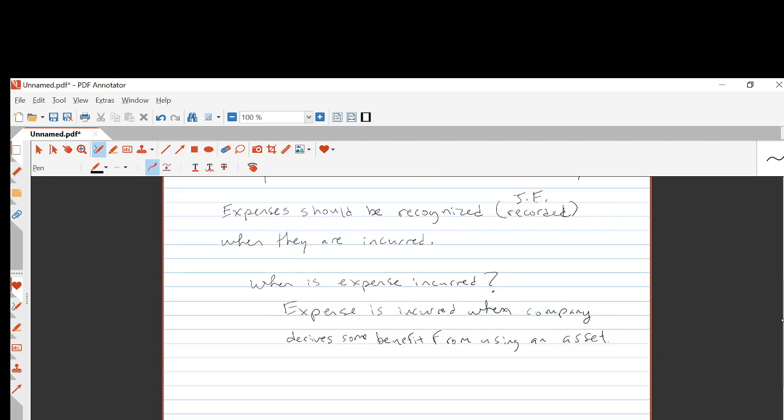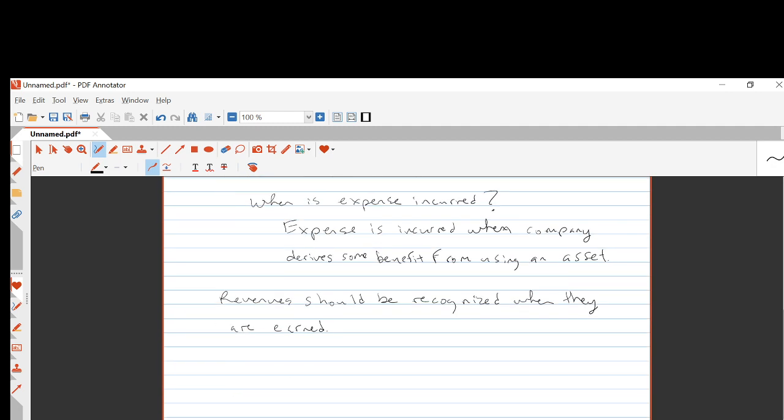And on the flip side, for the sake of completeness, revenues, according to GAAP, should be recognized or recorded, a journal entry made, when they are earned. Expenses are recognized when they're incurred, and they're incurred whenever the company derives some benefit from using an asset. Revenues should be recognized when they are earned.